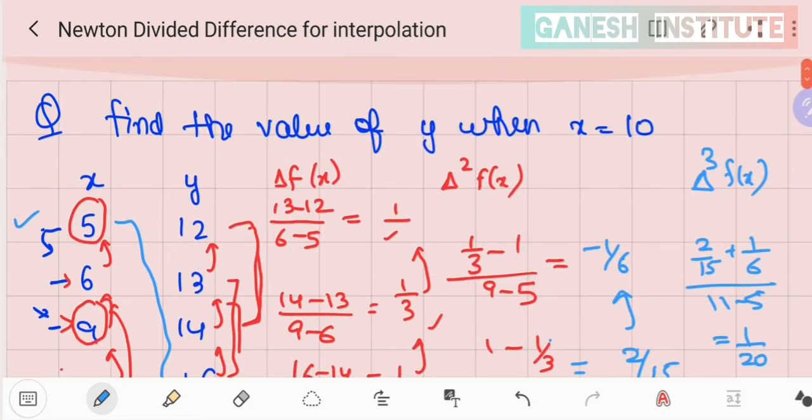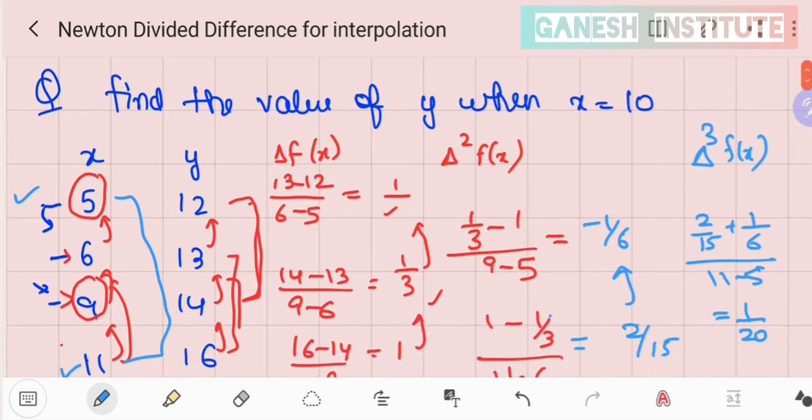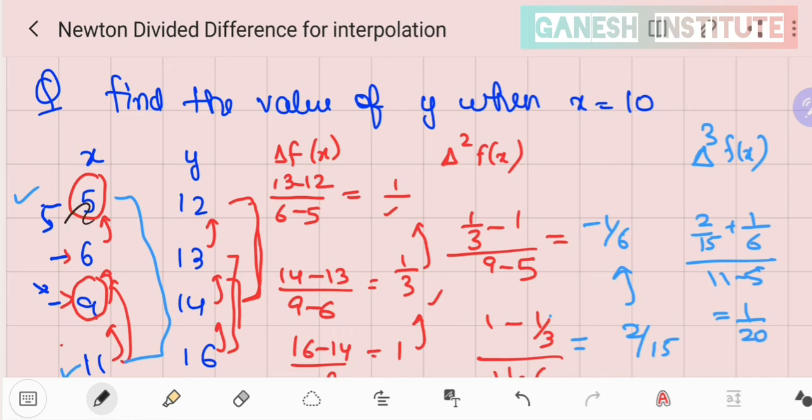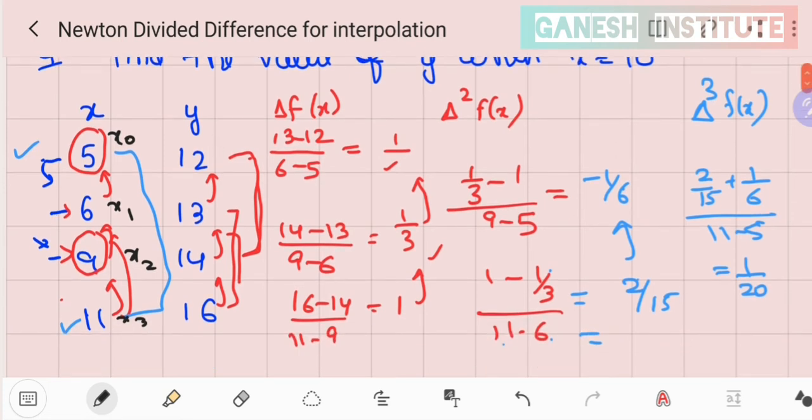Now you have got every term, let me mark it. So see, this is your x0, x1, x2 and x3, okay? This is your fx, this is y, that means fx. So this is your fx0, fx1, fx2, fx3, right?